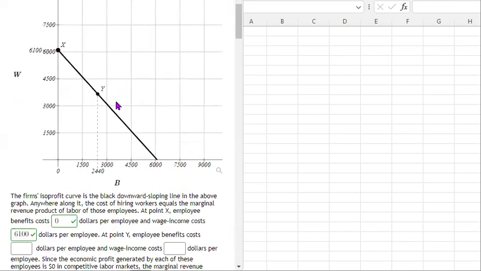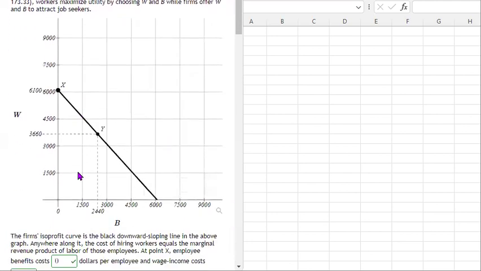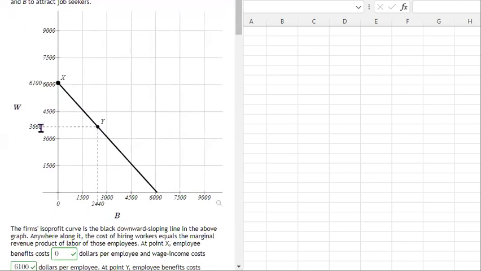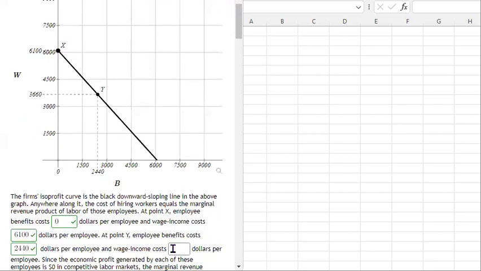All right. At point Y, employee benefits cost $2,440 a month. And let me hit enter to get the wage income. The wage income is $3,660.